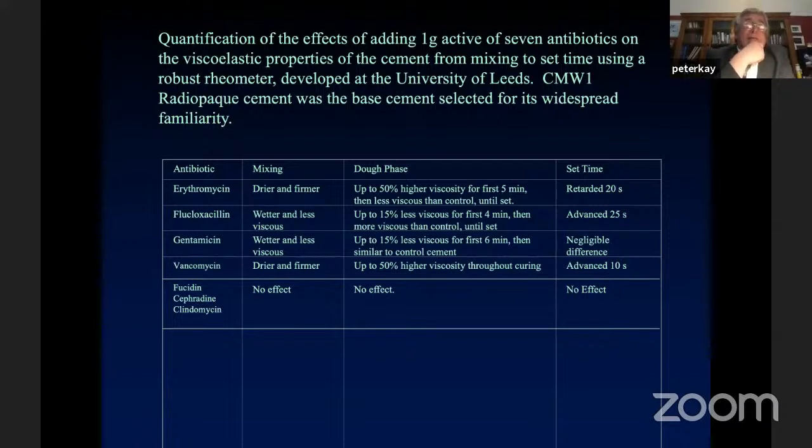You don't want to be hanging around for ages waiting for the cement to set when the bone interface is bleeding, producing a layer of blood between the bone and the cement. You want it to fix as quickly as you can without it bleeding.